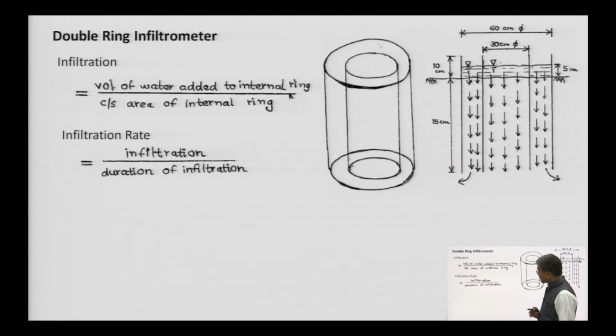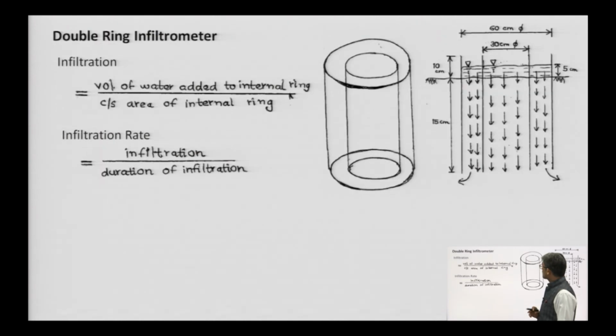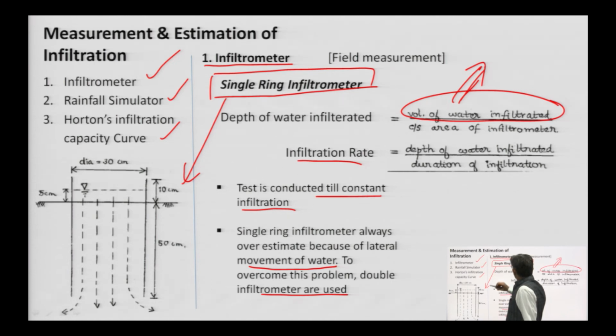This is the double ring infiltrometer, and this is the single ring infiltrometer. In this type of infiltrometer, we have this type of arrangement.